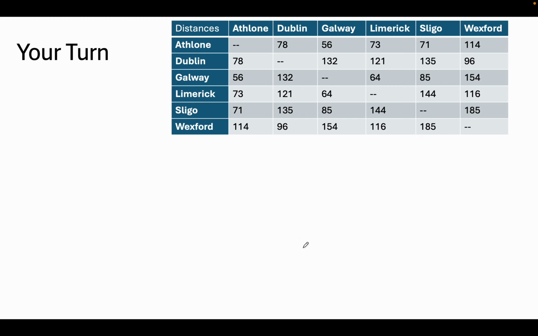All right, so what do we choose first? 56. And then what? Athlone plus Lega, 71.